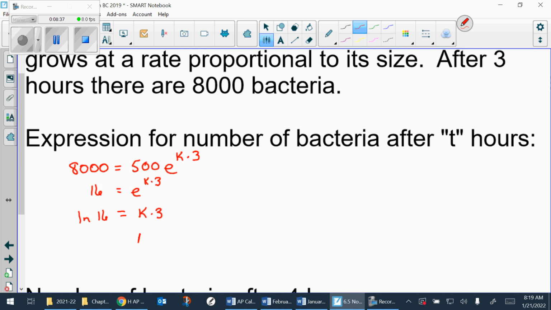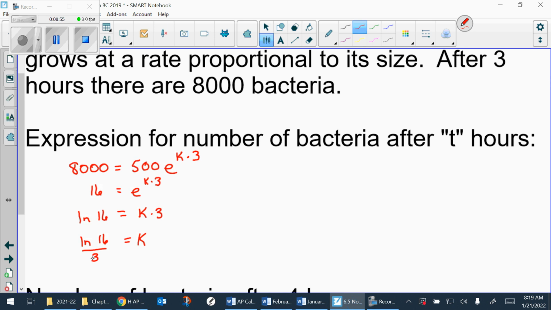And now to figure out what K is, I'm not going to put this into my calculator. I'm just going to call this natural log of 16 divided by 3. It's a nice exact value for what K is.